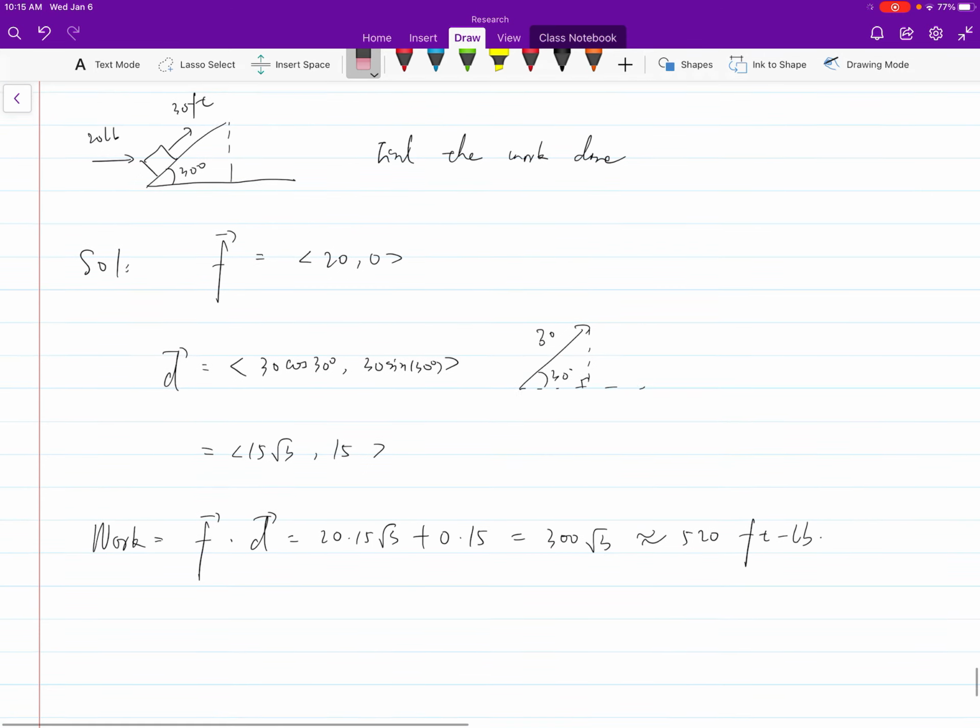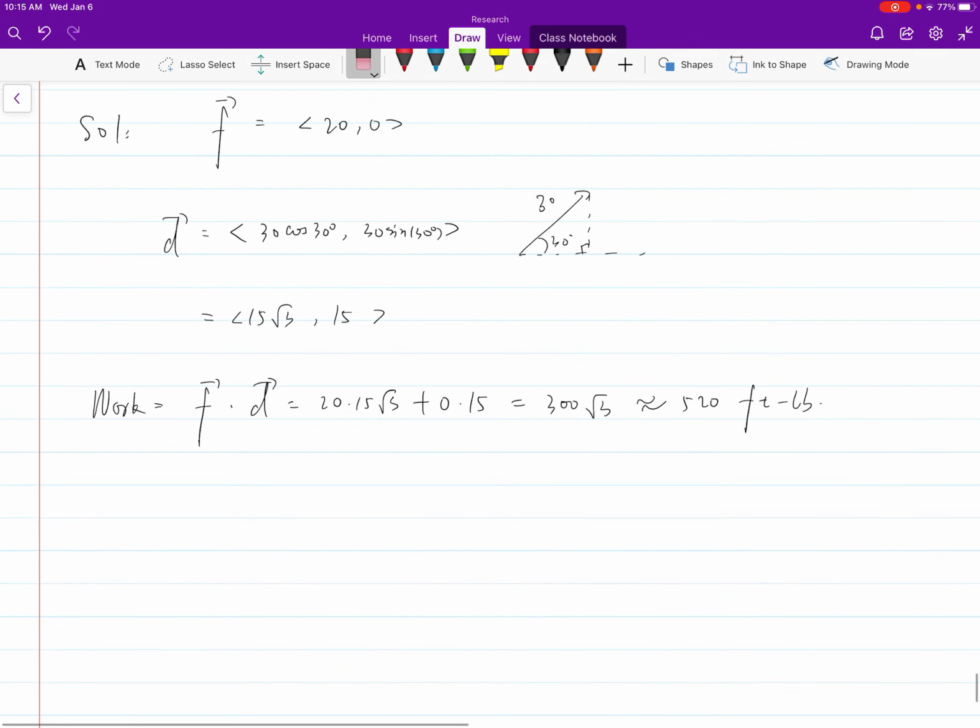So roughly 520, which is certainly smaller than 600.